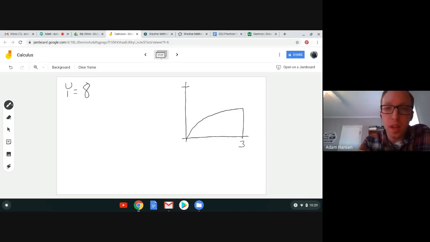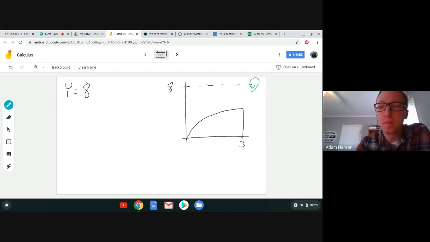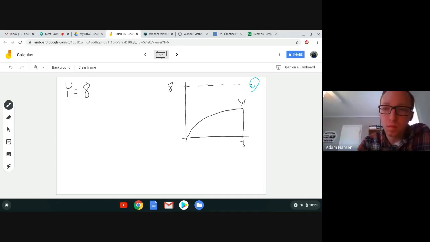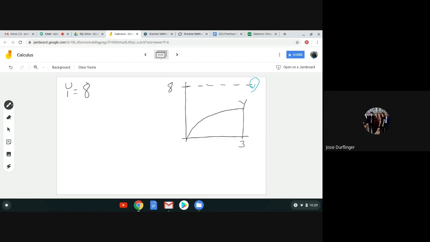I'm going to put 8 up here as the line that we're rotating this region around. Disk or washer? Washer.